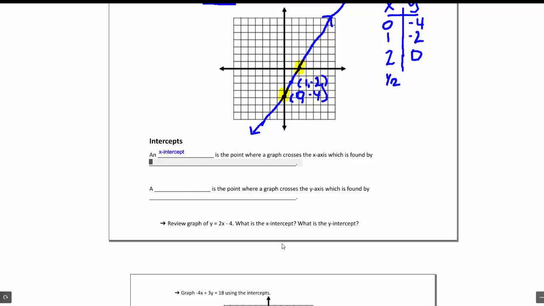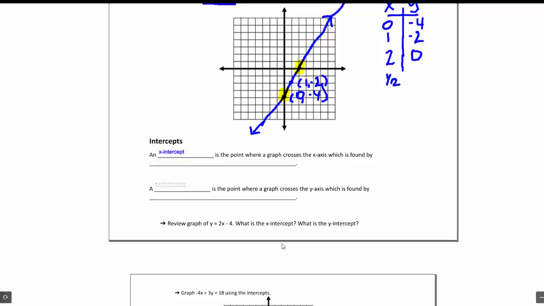A great way to find the x-intercept is to set y equal to 0 and solve for x. So you're going to take our original equation up here, replace the y with 0, solve for x, and you're going to get 2.